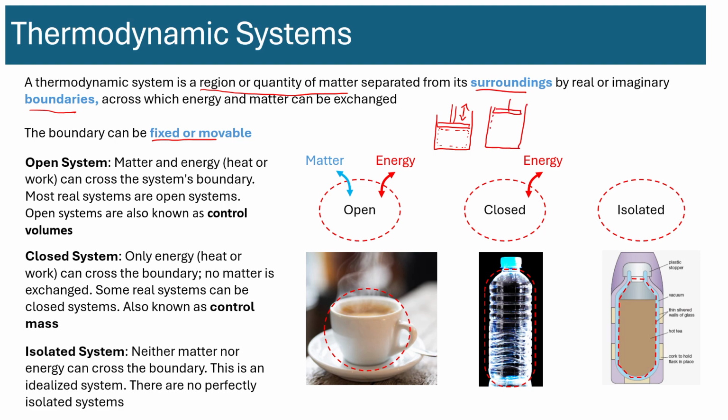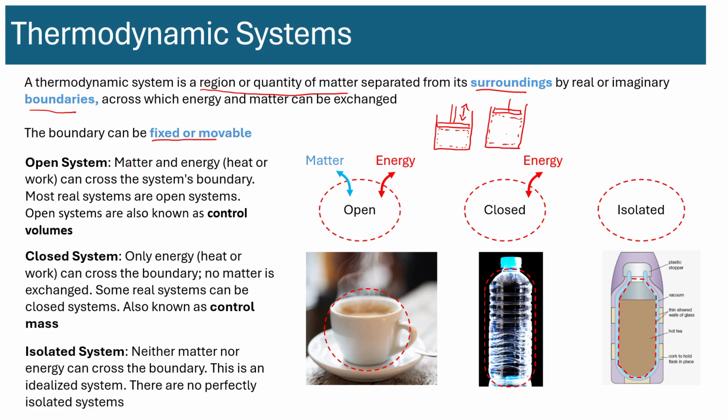So this is also a thermodynamic system, even though the boundary is moving. So it could be fixed or movable. Another thing to note here is broadly we classify the systems into three categories: open, closed, and isolated system.